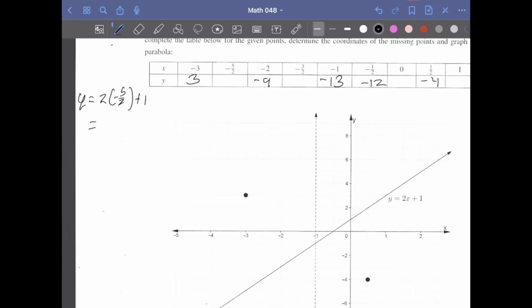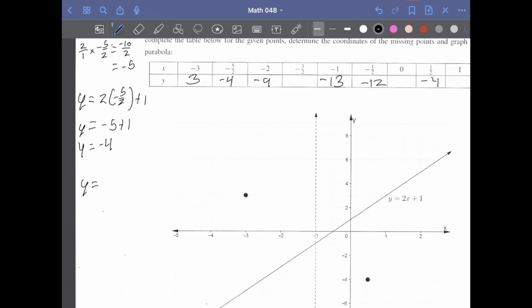That's 2 over 1 times negative 5 over 2. That's 2 times negative 5, which is negative 10 over 2. Negative 10 divided by 2 is negative 5. So that's negative 5 plus 1, which is negative 4.